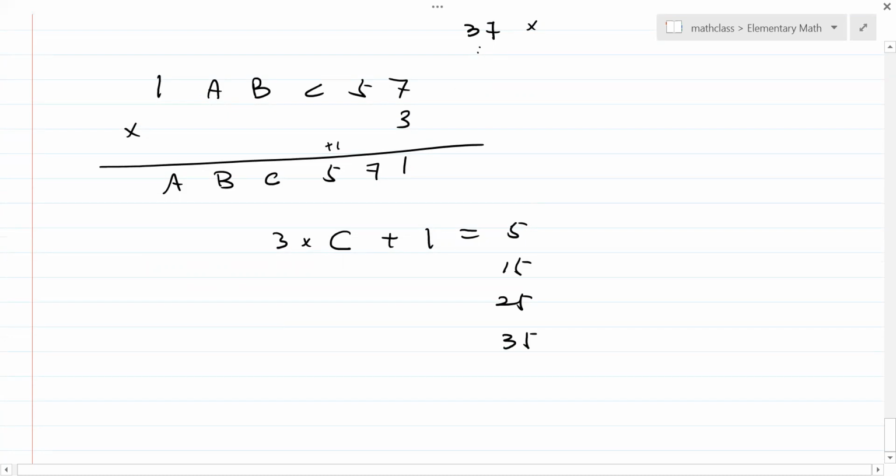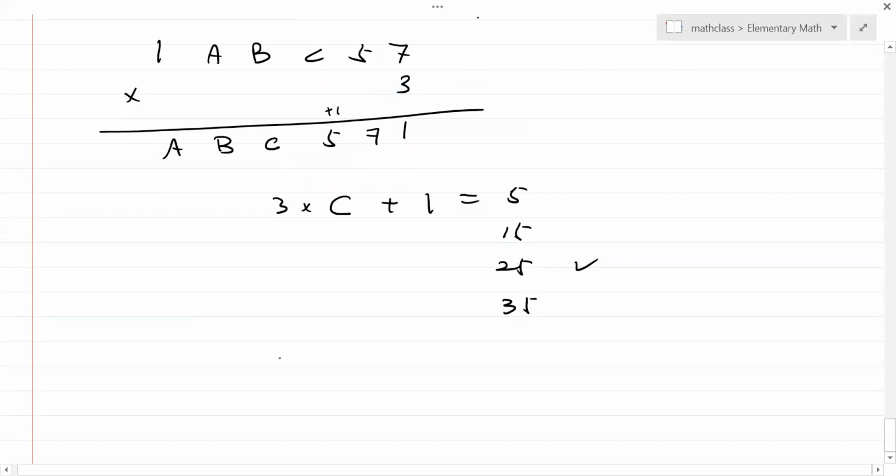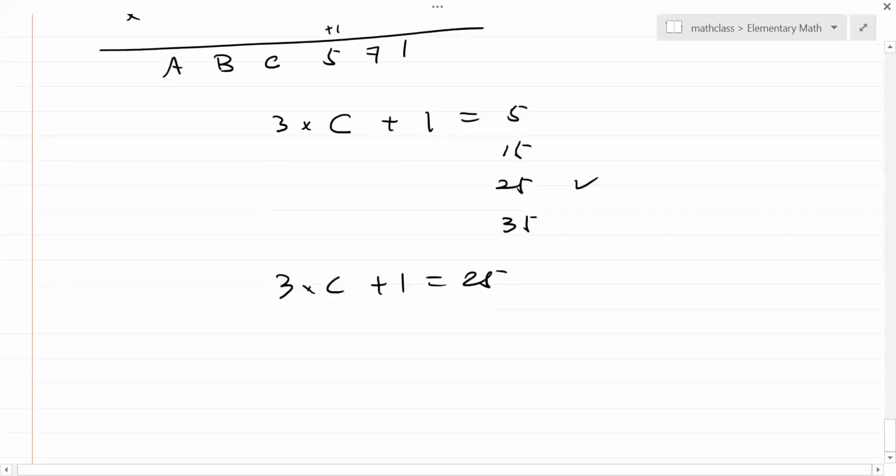I think 25 works, right? So 3 times C plus 1 should be 25, and so 3 times that number is going to be 24, so that number is going to be 8. 3 times 8 is 24, plus 1 is 25.